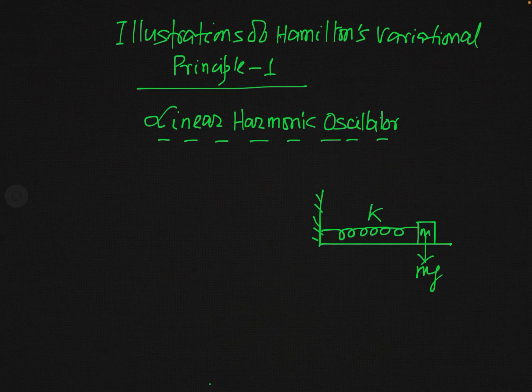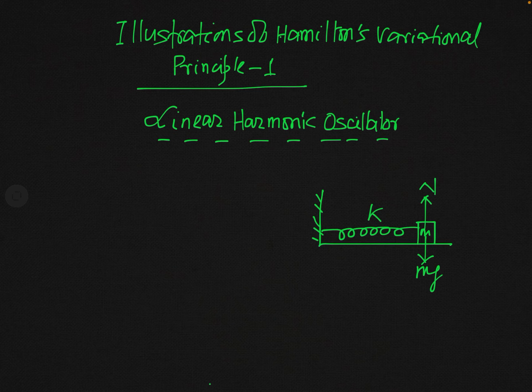This is mg, the force of gravity, and the normal force exerted by the surface on which this mass is placed. Under these two forces the mass is in equilibrium, that is, the net force is zero, because the spring is unstressed, so no spring force acts on the mass.